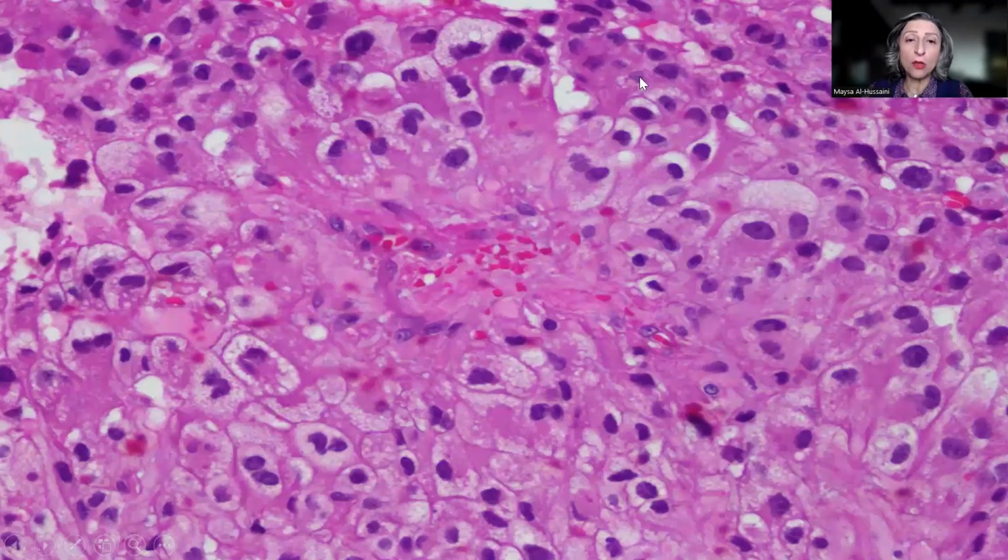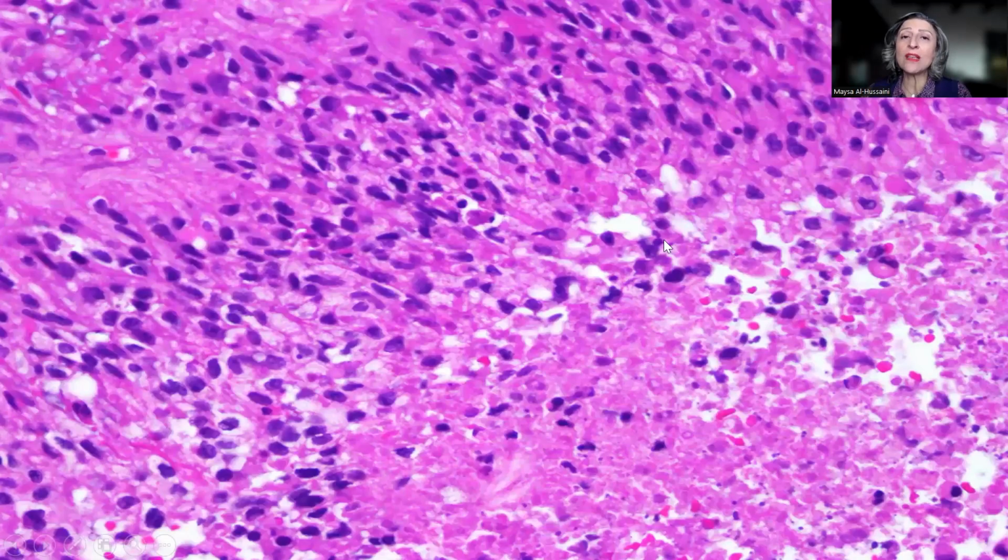And again, another focus with some tendency of the tumor cells to arrange themselves around vessels, but also this very beautiful vacuolated cytoplasm and some tumor cells with acidophilic cytoplasm, and some degree of pleomorphism, not really much in the way of pleomorphism. Only very occasional mitotic figures could be identified.